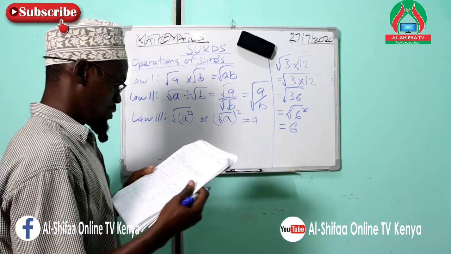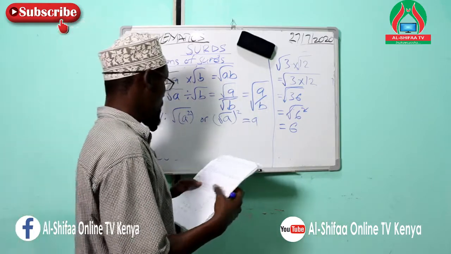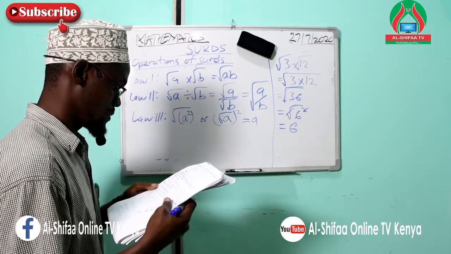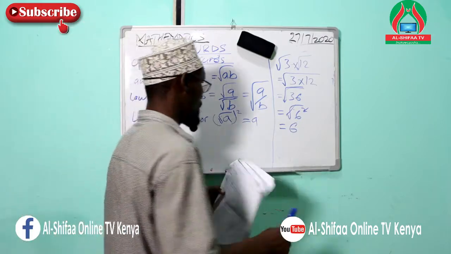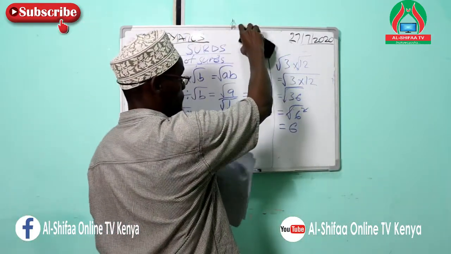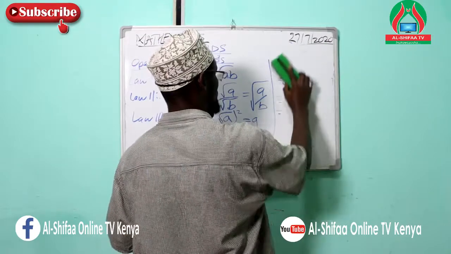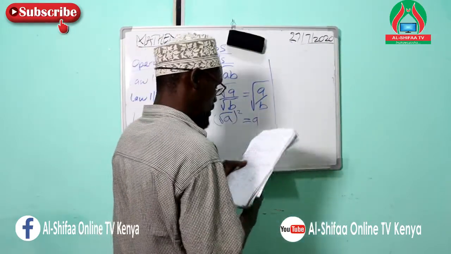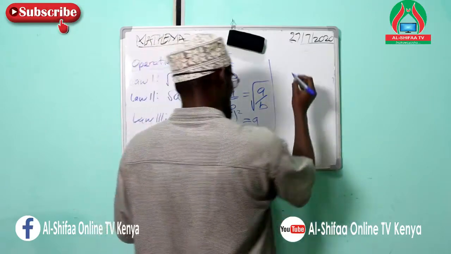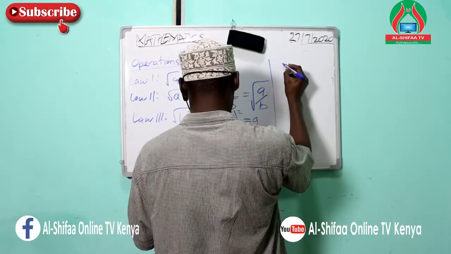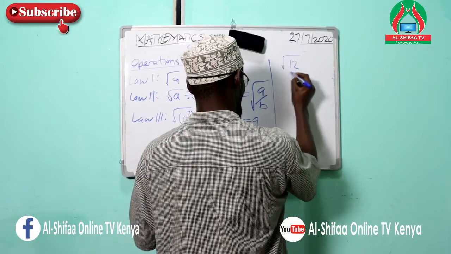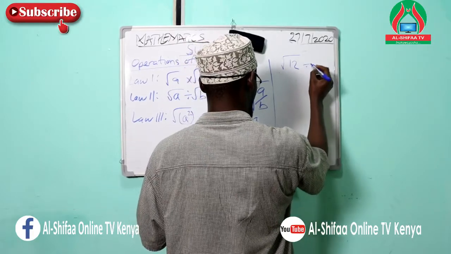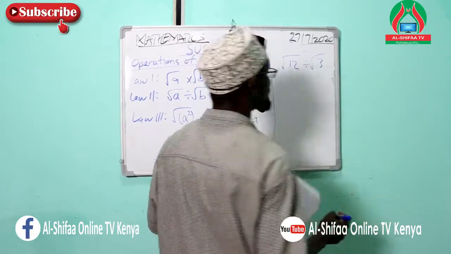Into our second example, the one manipulating division. We have root 12 divided by root 3.